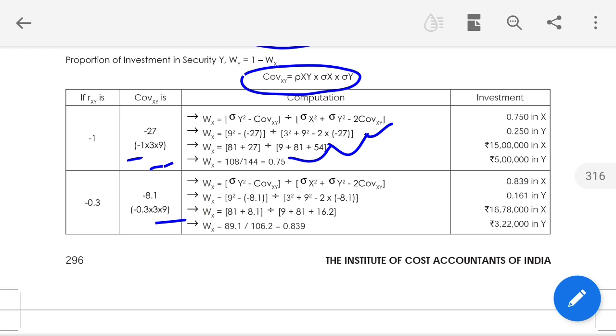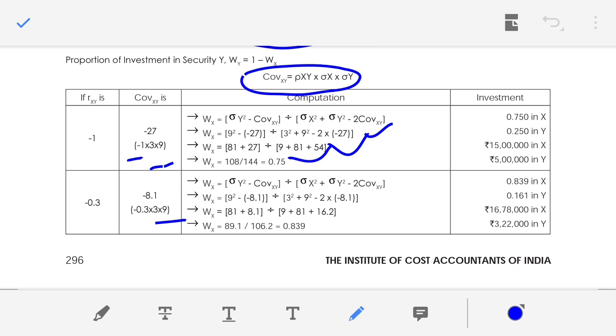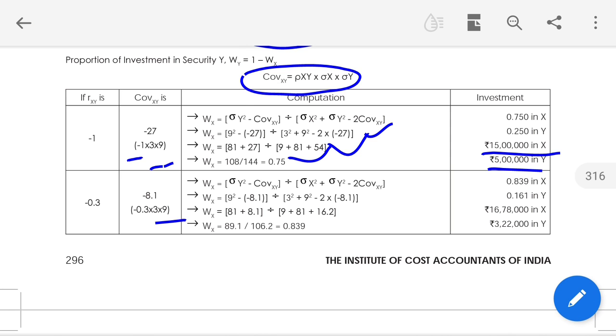So how much amount does Mr. Nitin have to invest? 20 lakhs into 75%, 15 lakhs. 20 lakhs into 25%, 5 lakhs. So that is the amount he is going to invest in X and Y. That is how we need to calculate.